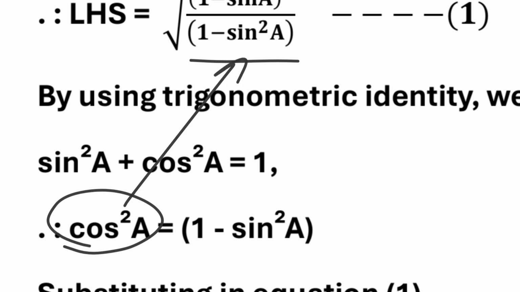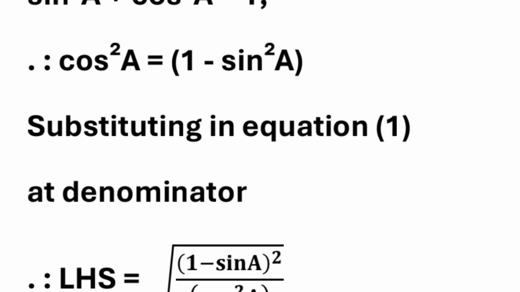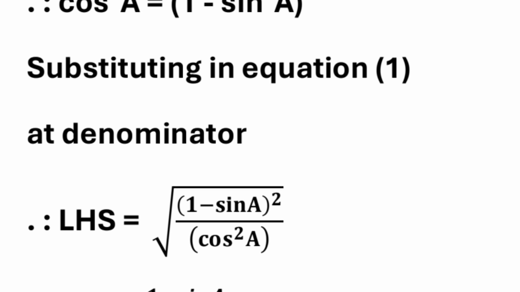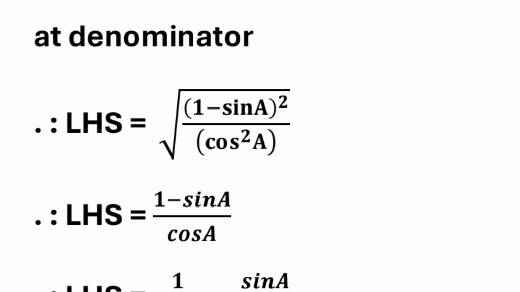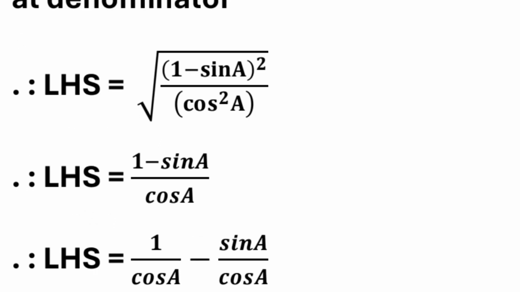Directly here we put. After substitution, we get, look here, LHS is equal to square root of this original (1 minus sin A) bracket square upon cos square A instead of 1 minus sin square A.